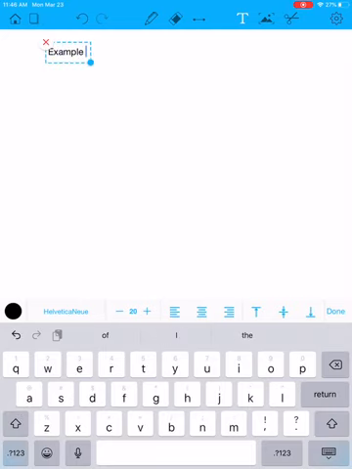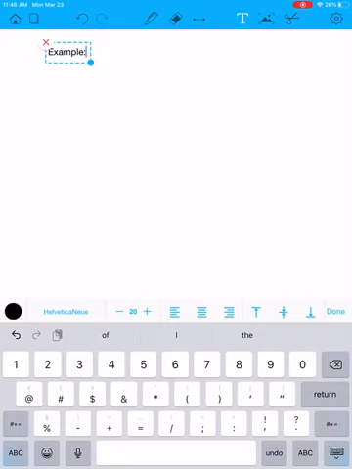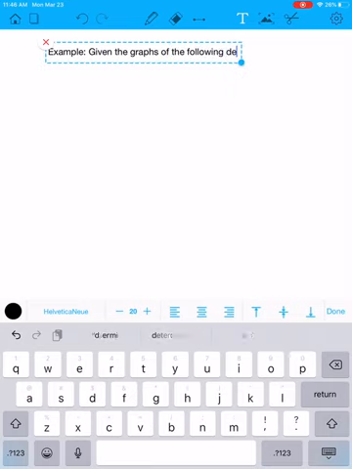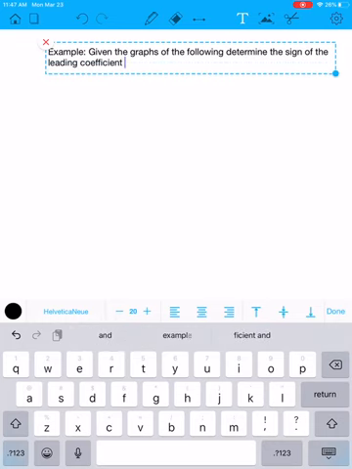So example. Given the graphs of the following, determine the sign of the leading coefficient and the constant of the equation.